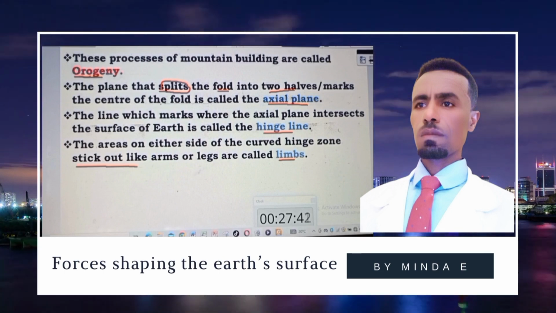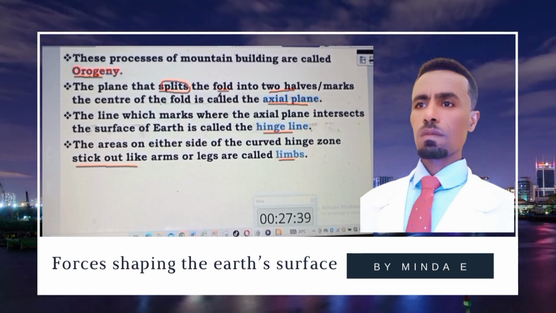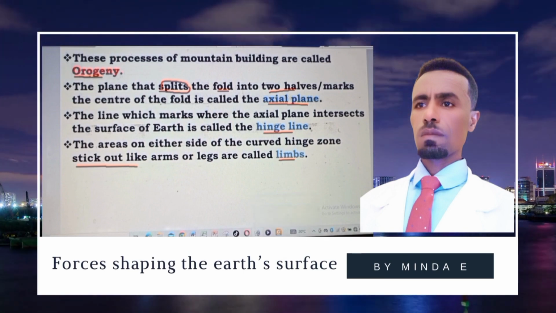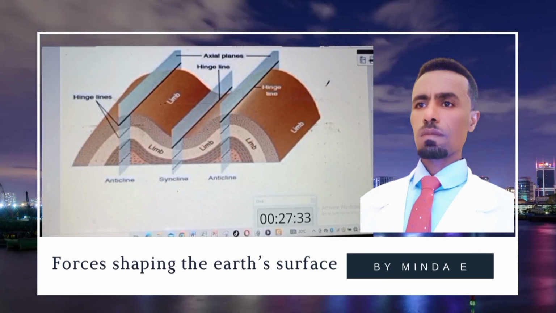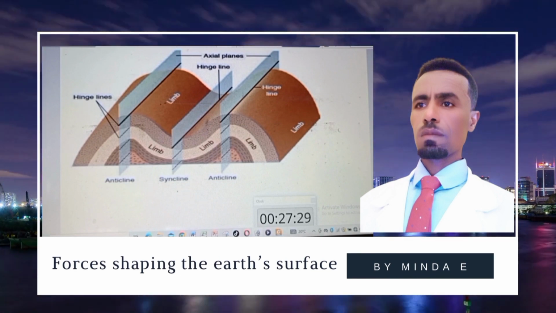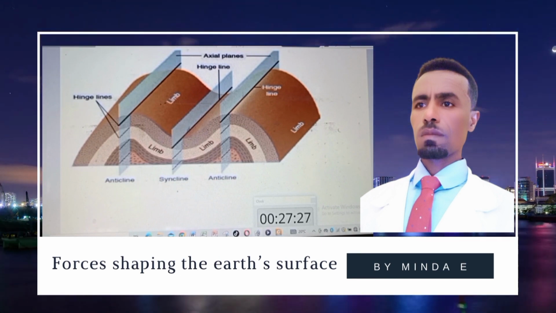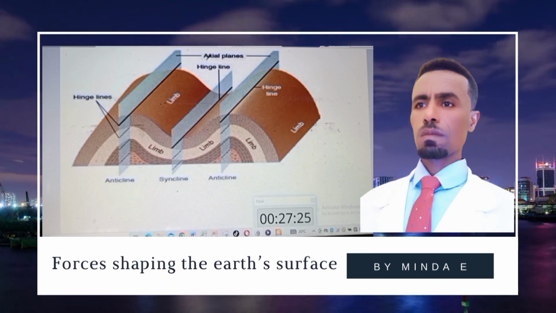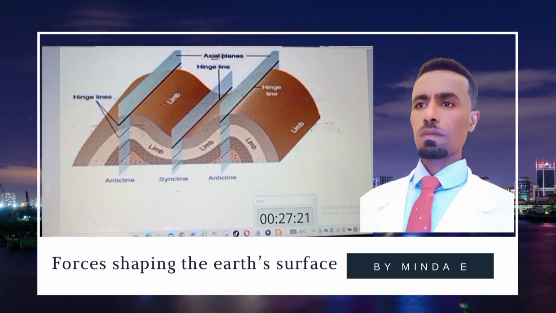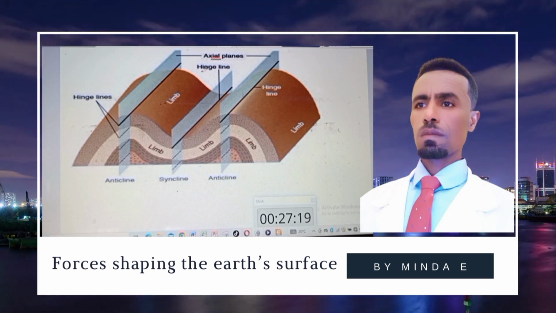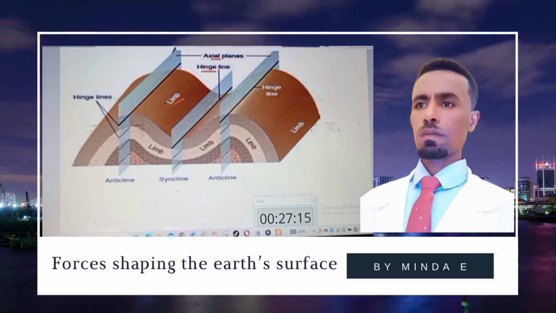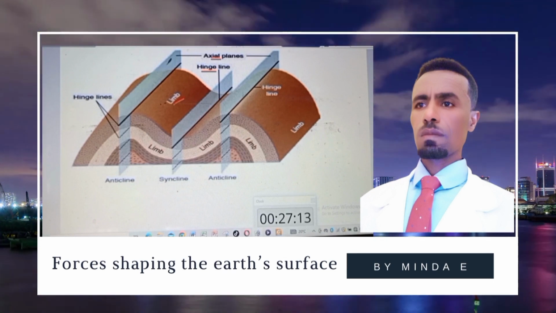So let us see these 3 points from a figure. Here is a figure. From this figure, we can understand 3 main points: axial plane, hinge line, and the limbs. So this is the axial plane.